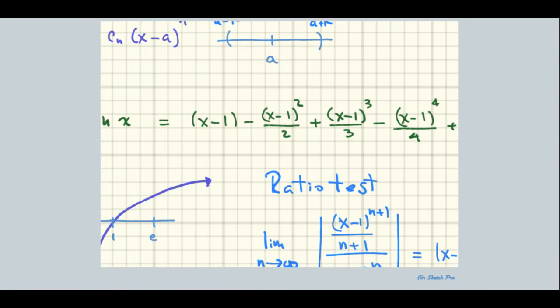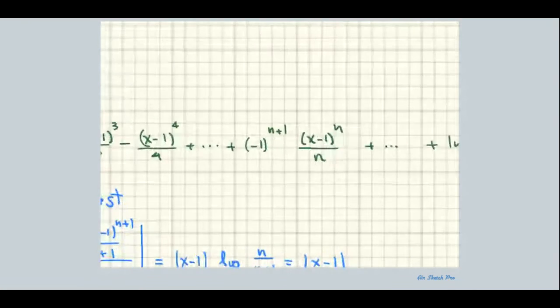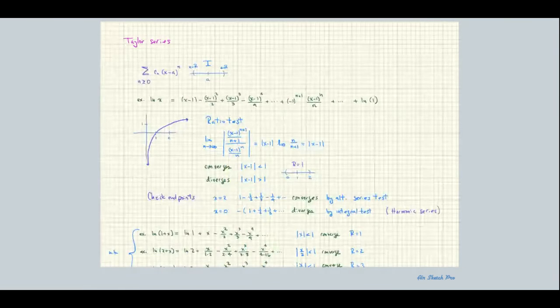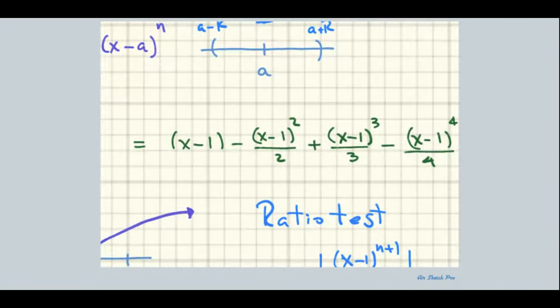The general term is either positive or negative: positive when n is odd for the odd powers, and negative for the even powers, as we see here. Negative at even, positive at odd.